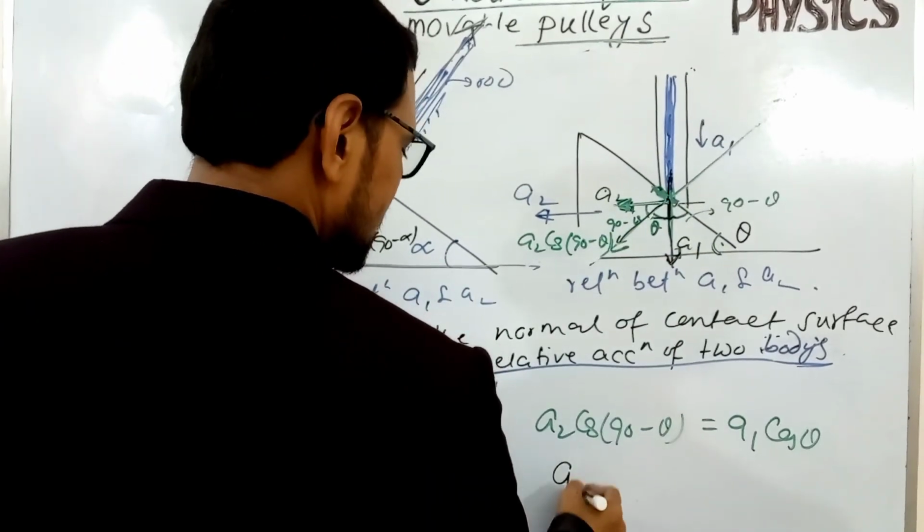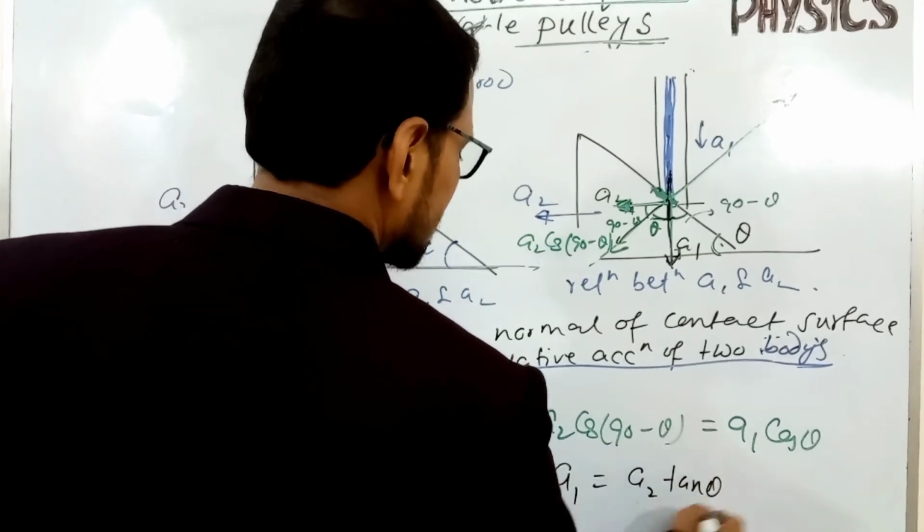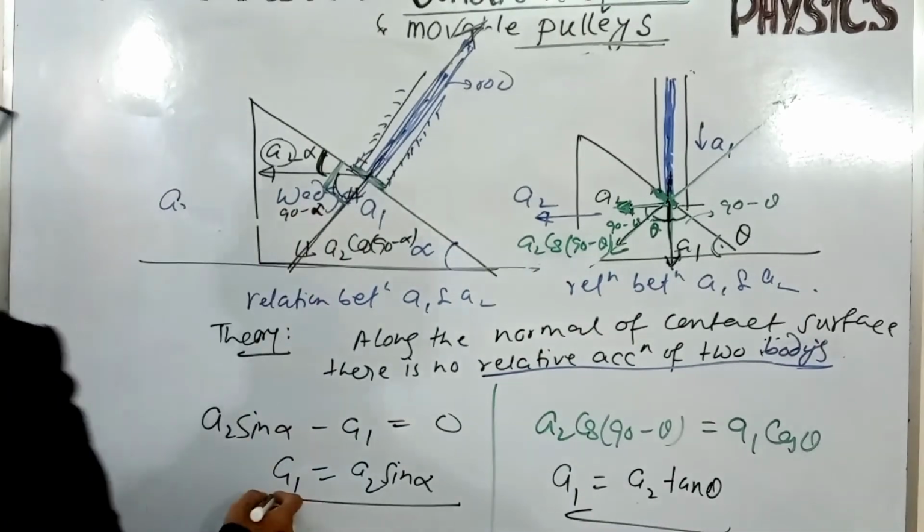So we get a1 equal to a2 sin theta by cos theta, that is a1 equal to a2 tan theta. For this case this is the result, and for the other case that is the result.